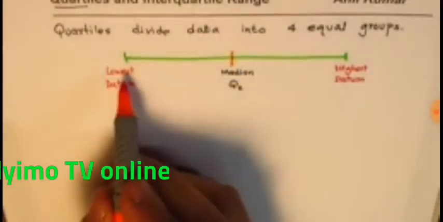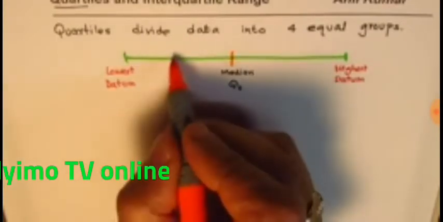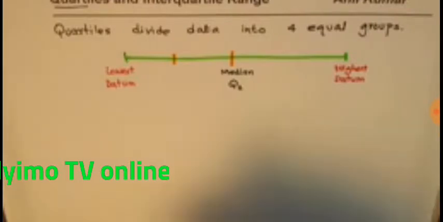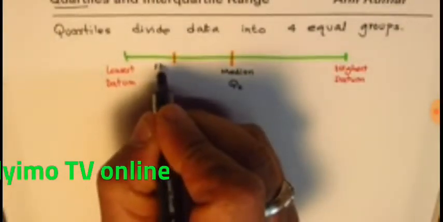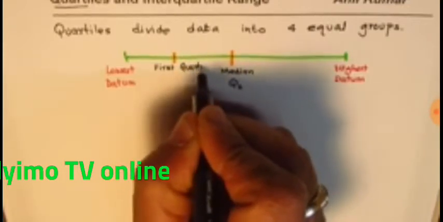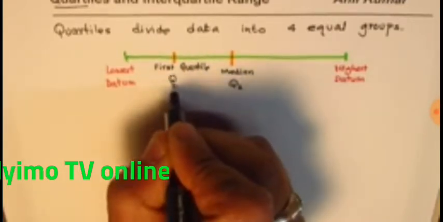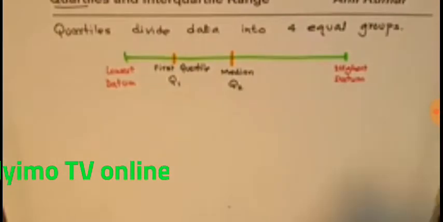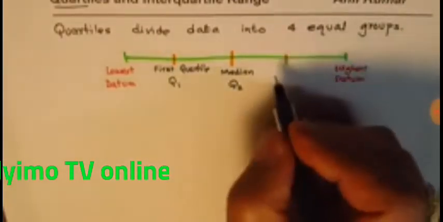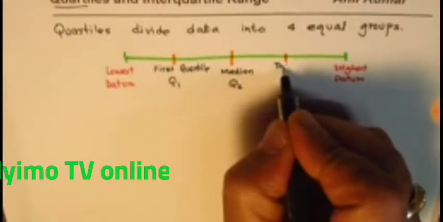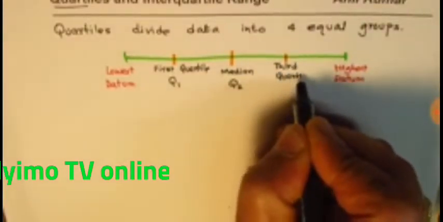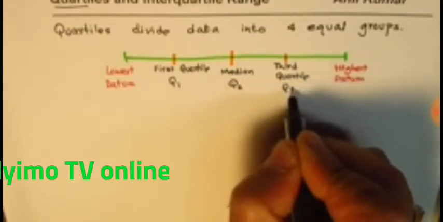Now the data between Q2 and the lowest is again divided into 1/4, and we call this the first quartile, or Q1. And here this center value is the third quartile, or Q3.